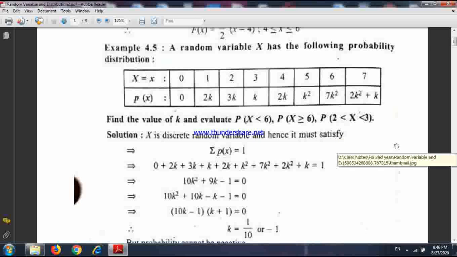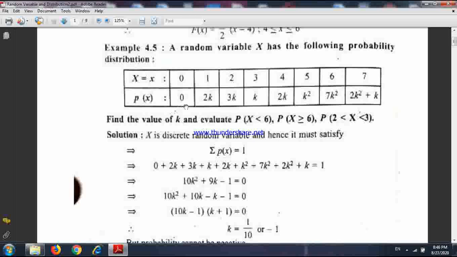Now, as this is a PMF, definitely the sum of the probabilities equals 1. That means probability x equals 0 plus probability x equals 1, and in this way up to probability x equals 7, the sum of these probabilities is 1.